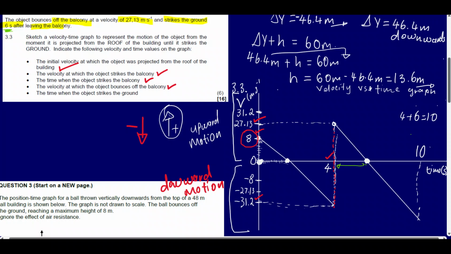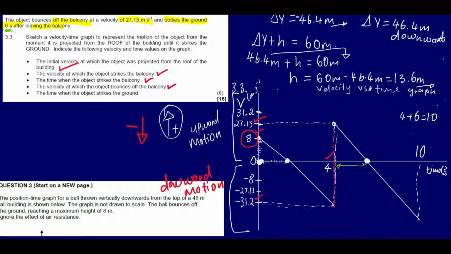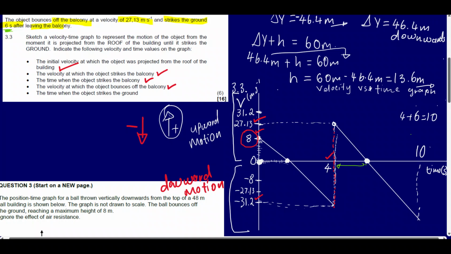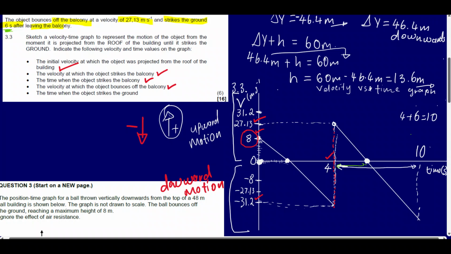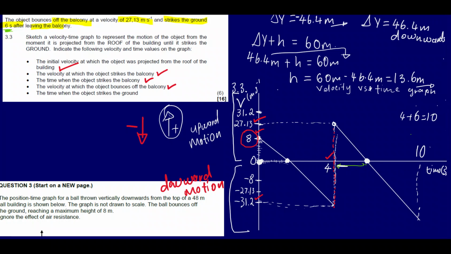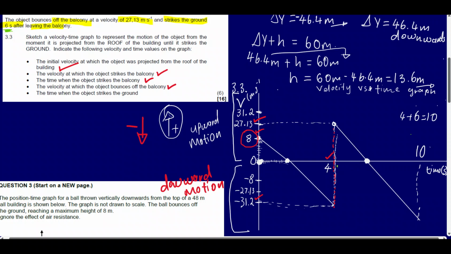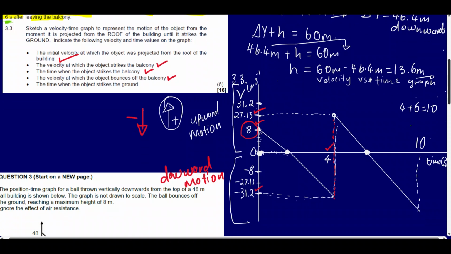That's the total time taken from this point, and that's what should be recorded there, not the time taken to move from hitting the balcony to the point. So I think that's perfectly fine.